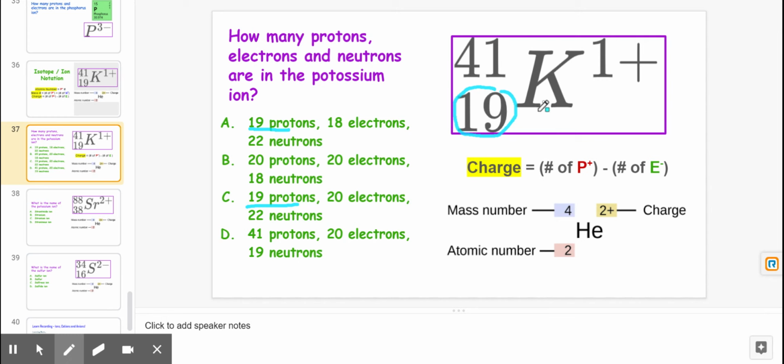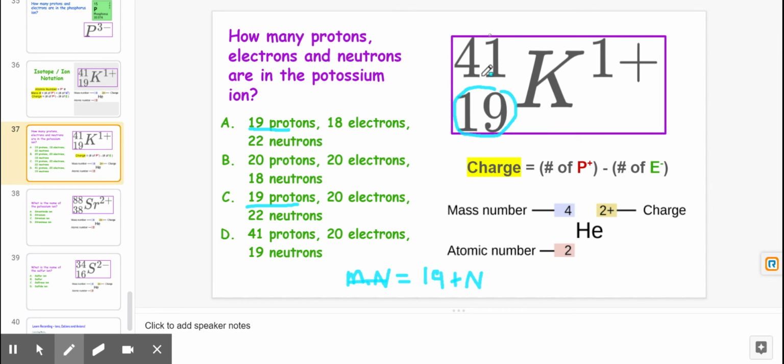Now, in order to determine the number of neutrons, we take the mass number. Mass number equals the number of protons plus the number of neutrons. Okay, and our mass number is 41.